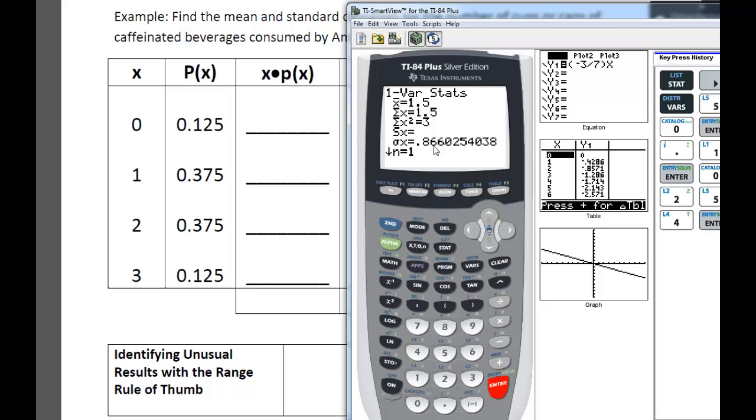Yes, because this distribution is perfectly symmetric. We've got the highest values in the middle, the same two values in the middle, and then lower values on the ends. They're the same, so the mean is going to come right here in the middle at X equals 1.5. Questions about that?